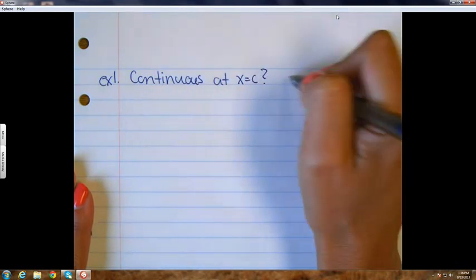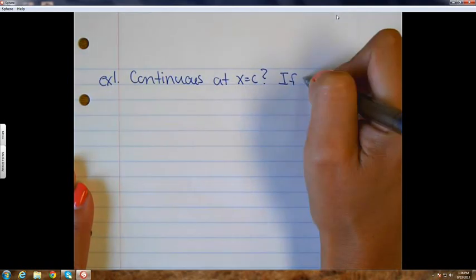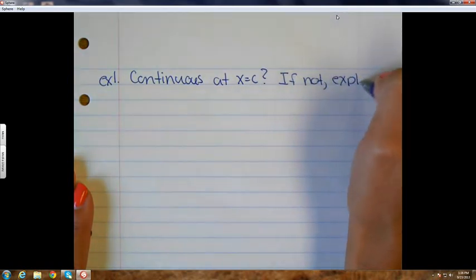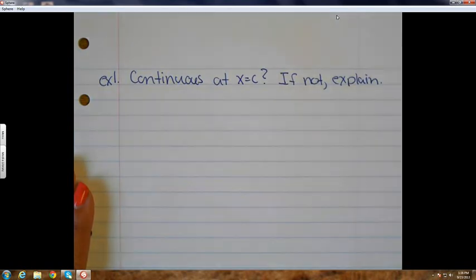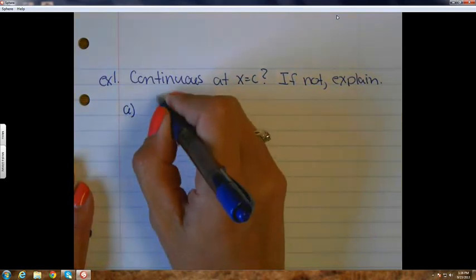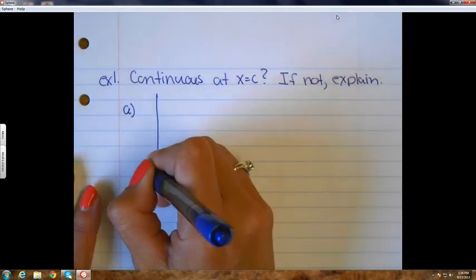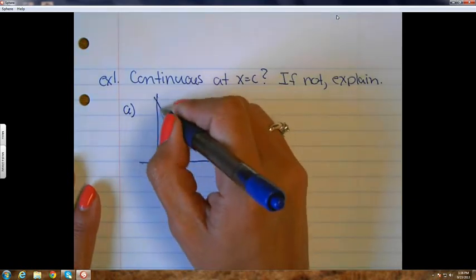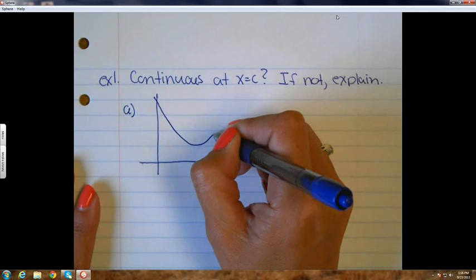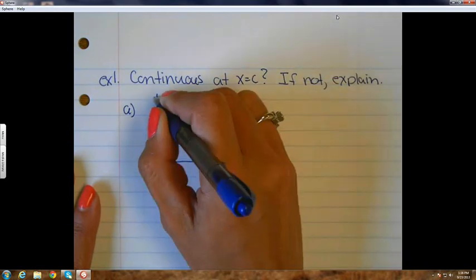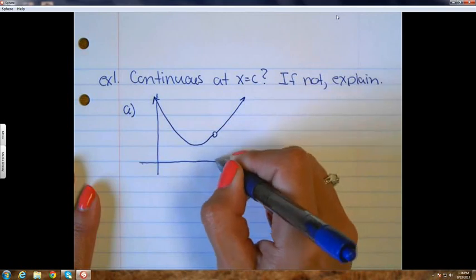If not, explain. And your explanation has to go back to those three parts of the definition, or at least one of the three parts. My first one. So the c value is going to be right here.